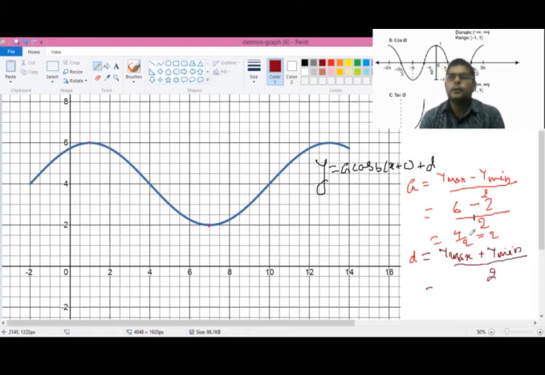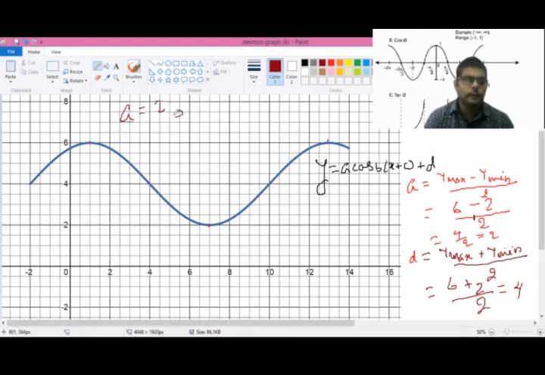So y maximum is 6 here, you can see from the graph also that it is at y equals 6, and then plus y minimum is 2, divided by 2, so 8 by 2 is 4. So we already have the values of a and d. Let's note down: the value of a is 2, and the value of d is 4.